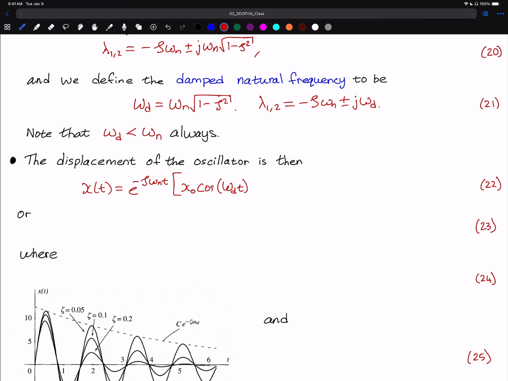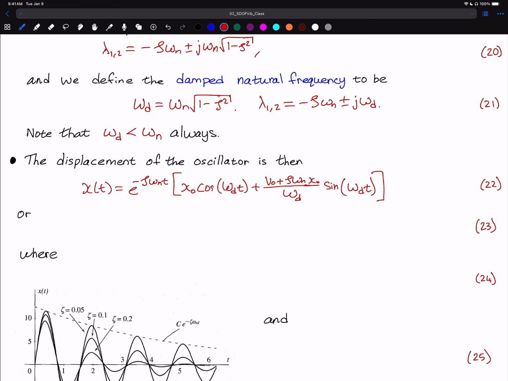So here we have the damped natural frequency inside the cosine term, plus the fraction v0 plus zeta omega n times x0, all of that divided by omega d and multiplied by the sine of omega d t.